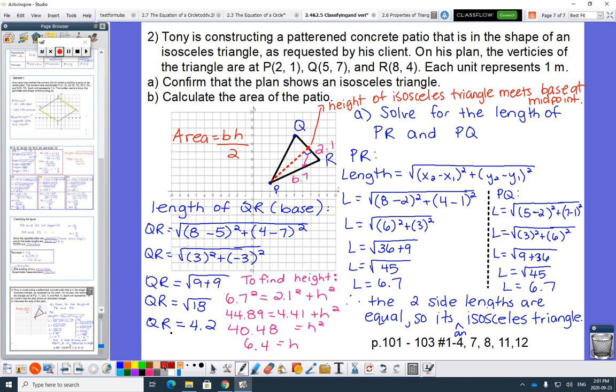So now we have base, we have height, we can find area. So I'm going to sneak it back up here, but you guys fill in your space. Oh, it doesn't really give units, does it?